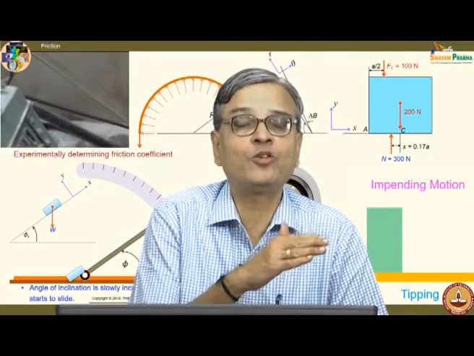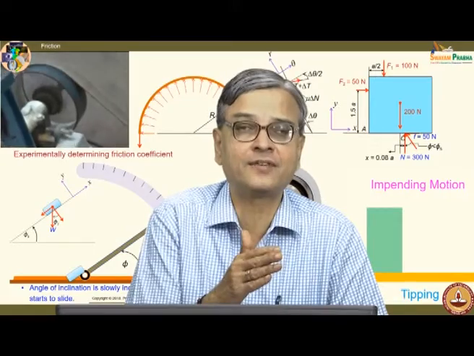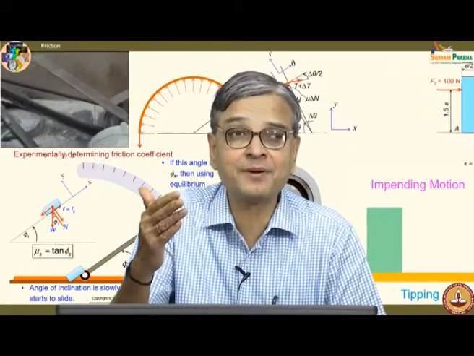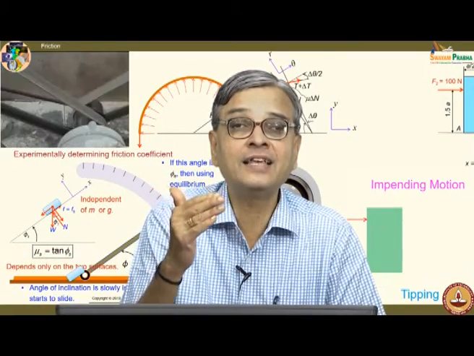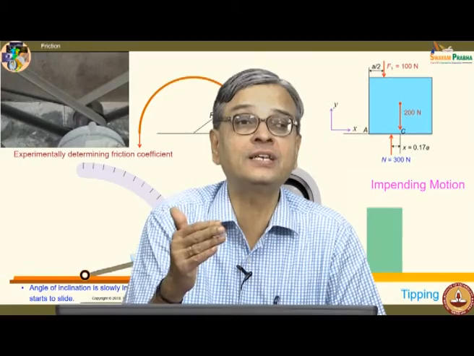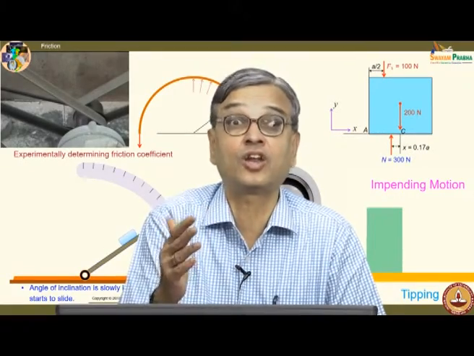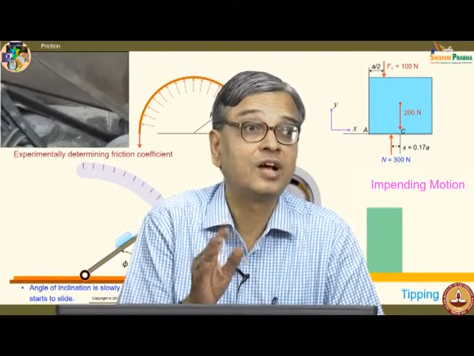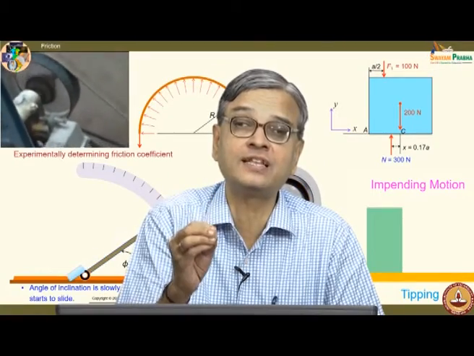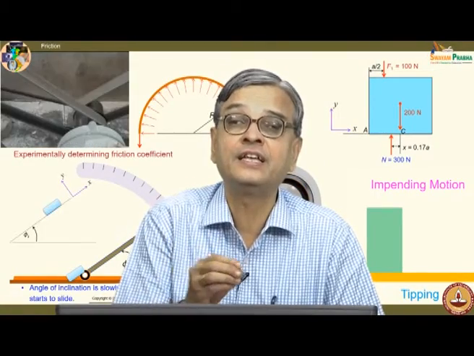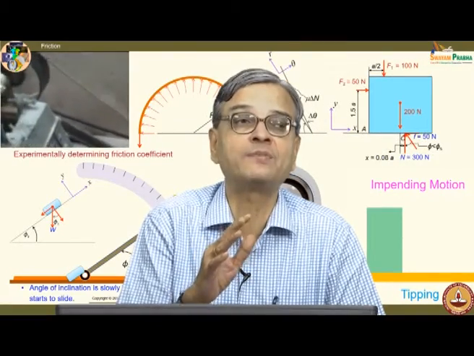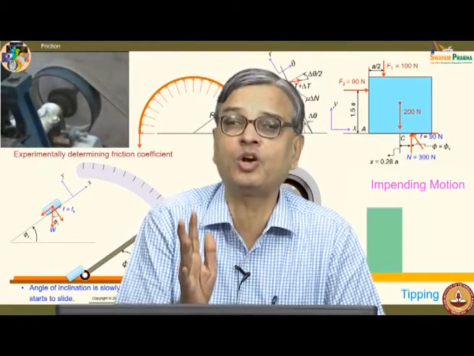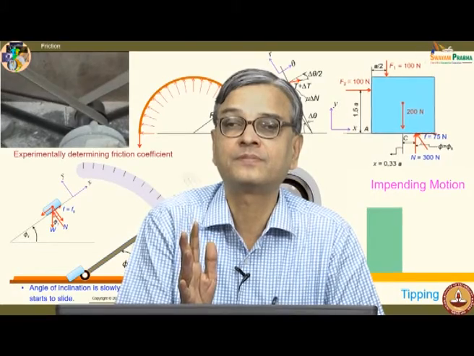Initially, depending on whatever force is applied, the frictional force balances it and reaches a maximum, and the maximum frictional force at the point of impending motion is mu times N, not otherwise. Unless you satisfy yourself that the motion is impending, you cannot blindly put the value as mu times N. If you do that, then you are solving altogether a different problem. Okay.